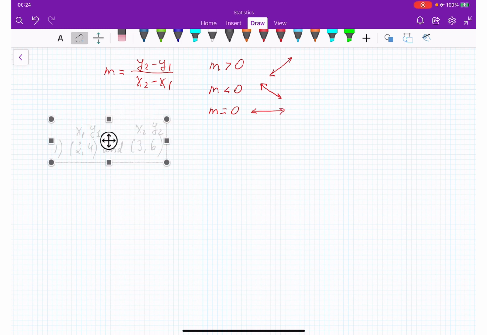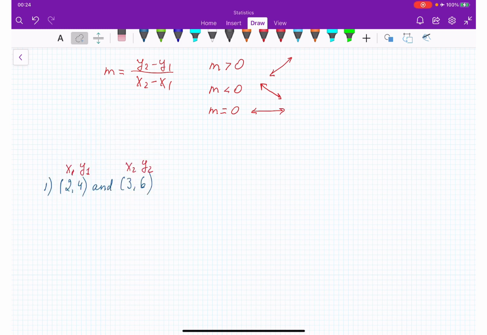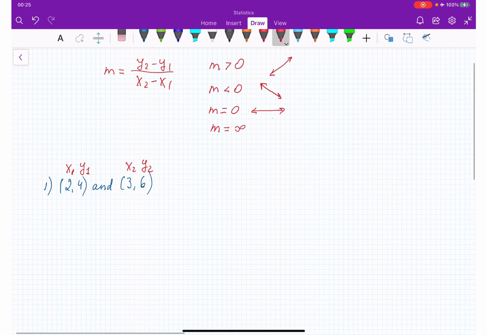And if M is equal to infinity, then the line is going vertically. Okay? And the other thing I need to write down is the format of slope-intercept.